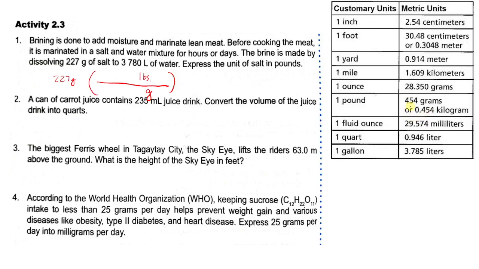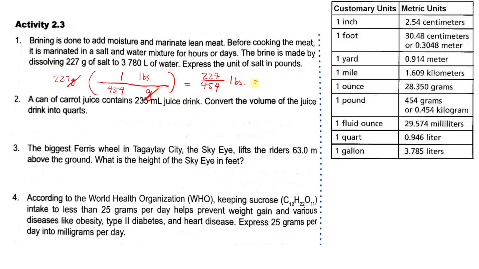Here we have 454 grams, and the top is 1 pound. Then just solve this one: 227 times 1, 227, divided by 454. We can cancel grams because that's in the numerator and this one is the denominator. So what's left is pounds.